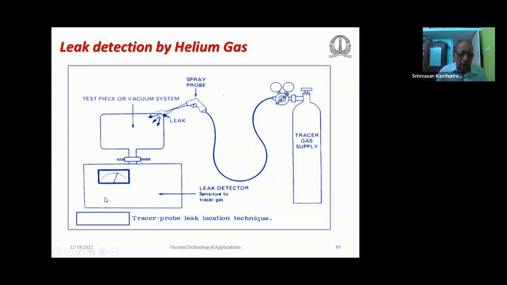Now helium ions are seen. These helium ions produce a signal, in an analog indication or a digital indication, and you also see an acoustic indication. So you hear a sound signal indicating that there is a leak in the system. By spraying the gas at different parts of your component, you will be able to identify the leak. If the leak is there, the system has to be redone or re-welded. Then only the leak can be closed.